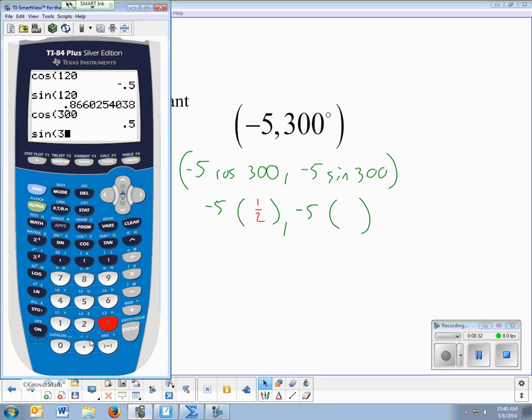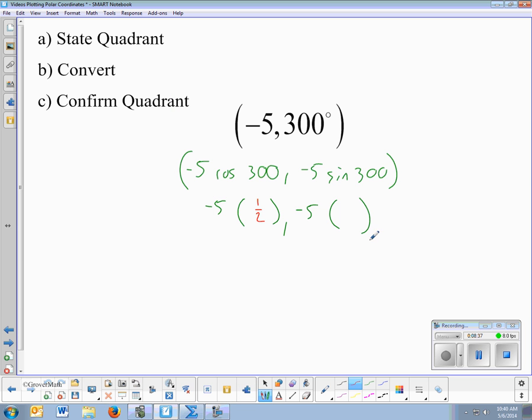Sine 300 is negative 0.866, so that's going to be a negative radical 3 over 2. All right, in this case, I can't reduce 5 and 2, so I can't cross those out, and all I can really do is negative 5 times 1 on top divided by 2. And this is, first of all, a negative times a negative, so that's going to cancel each other out to be positive, but it's going to be 5 times rad 3 is 5 rad 3 over 2.